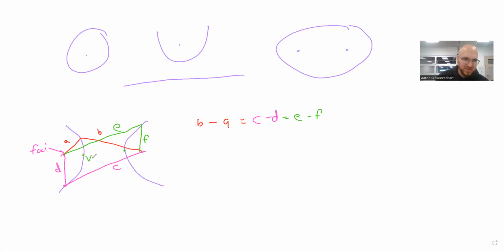These ones here are called the vertices. This right here is called the conjugate axis.